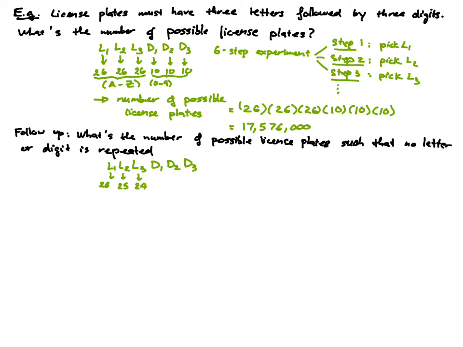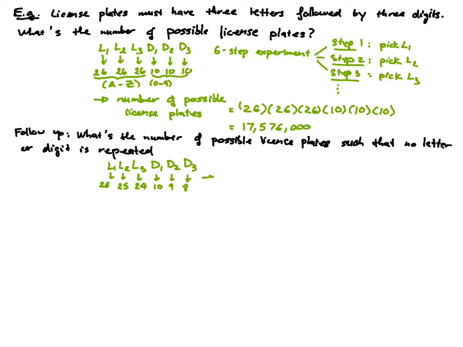Okay. By the same logic, when you pick D1, you start out with 10 options. When it comes to D2, you cannot pick the same number as D1, so that gives you 9 options, and then for D3 you have 8 options.